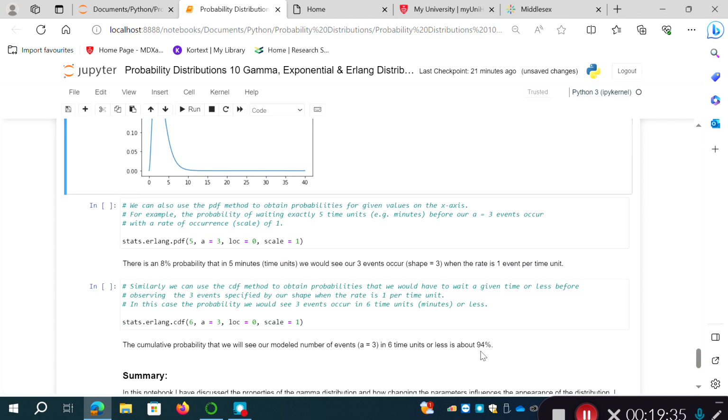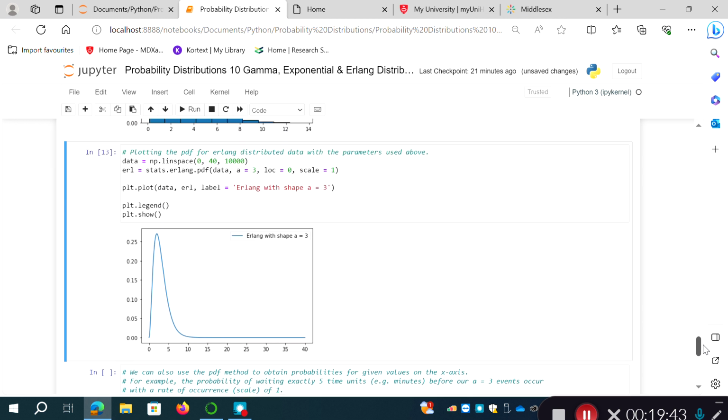As we did above with the exponential, we can also use the PDF method to obtain specific probabilities. We passed the vector in above that we created, np.linspace 10,000, for the plot.